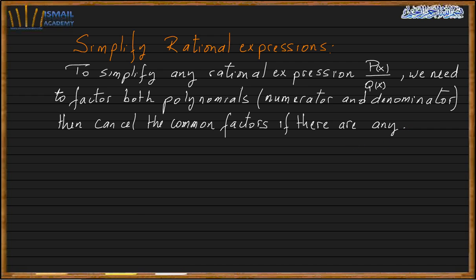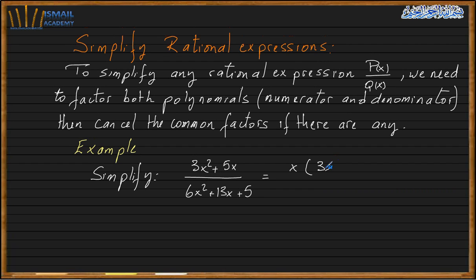Alright, let me show you an example. Suppose I want to simplify this expression, with x plus 5 in it. Here, I need to factor, and we can use the AC method.